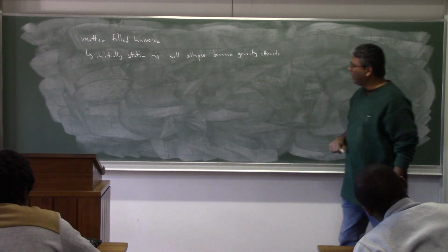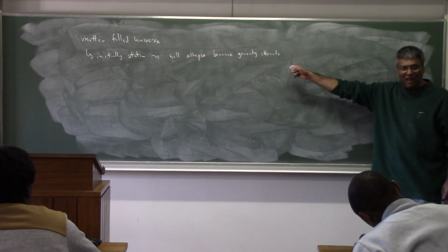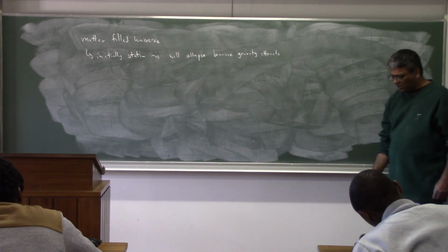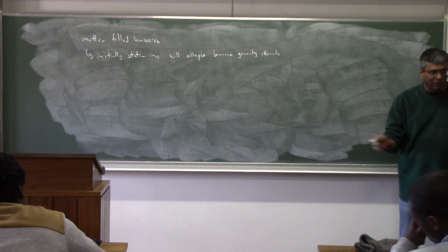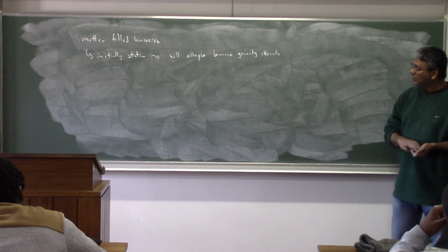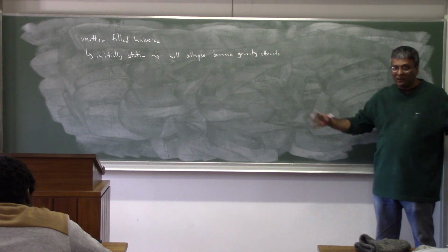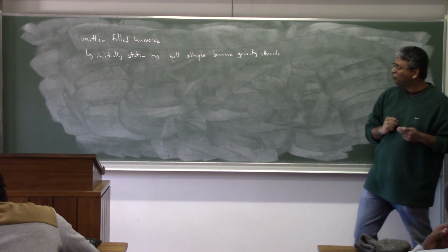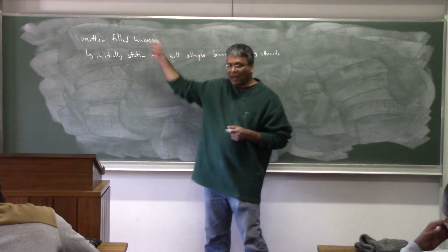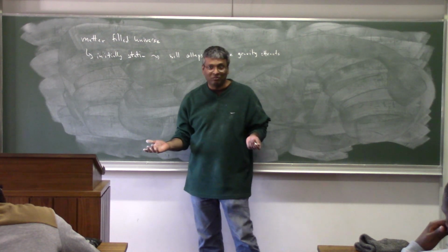Einstein's theory doesn't really change the fact that gravity is attractive. It just tells us that gravity only propagates at the speed of light. So eventually, a universe which has matter in it will attract the other matter and the universe will collapse. So an initially static configuration in a matter-filled universe is unstable. It will collapse.